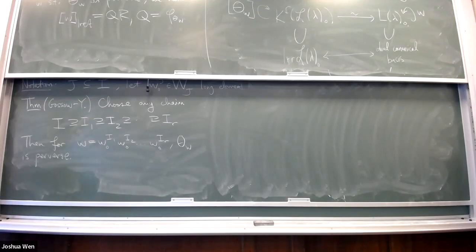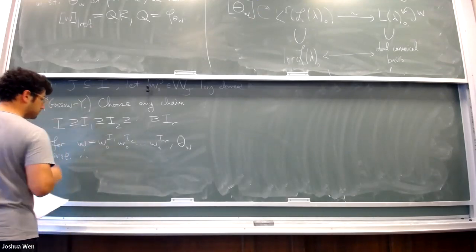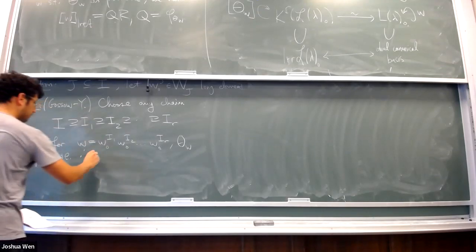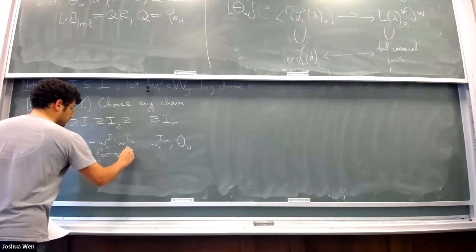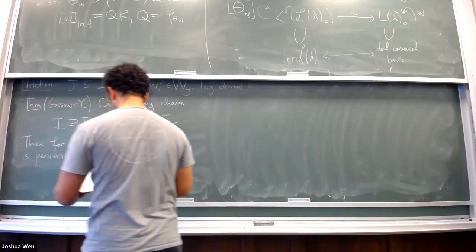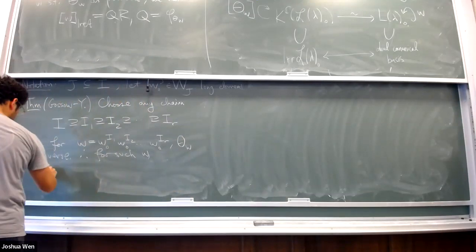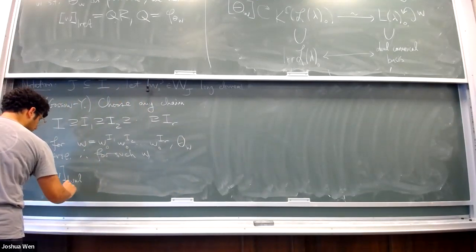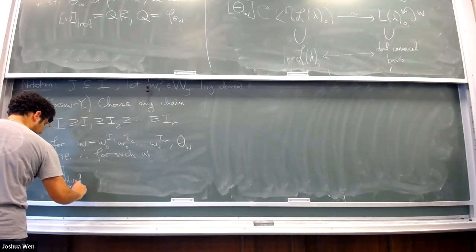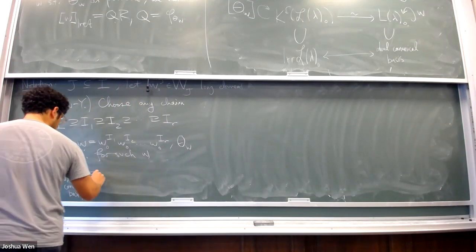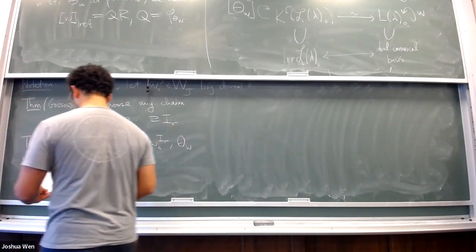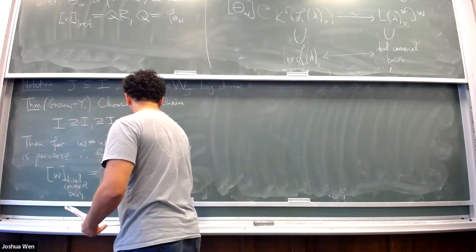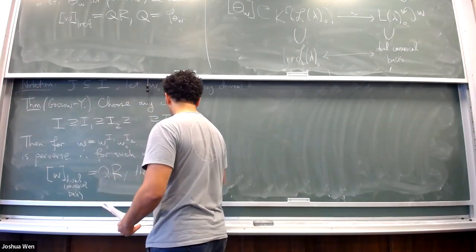Okay. And so again, I said this out loud, but just to drive home the point, therefore, for such W, if we take the matrix of W in a dual canonical basis and take its QR decomposition, then here's one of these permutation matrices.